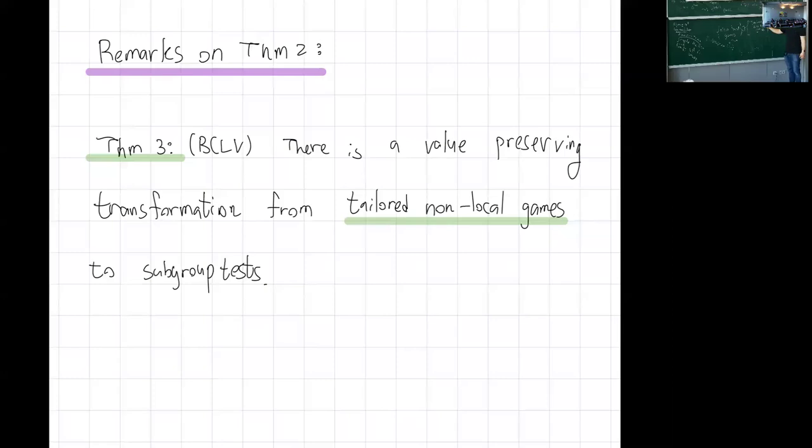So if the value here is 1, the subgroup test that I get has value 1. If the tailored non-local game has value strictly smaller than 1/2, then the subgroup test has a slightly worse upper bound, but still something that I can compute and work with. So this is this theorem.